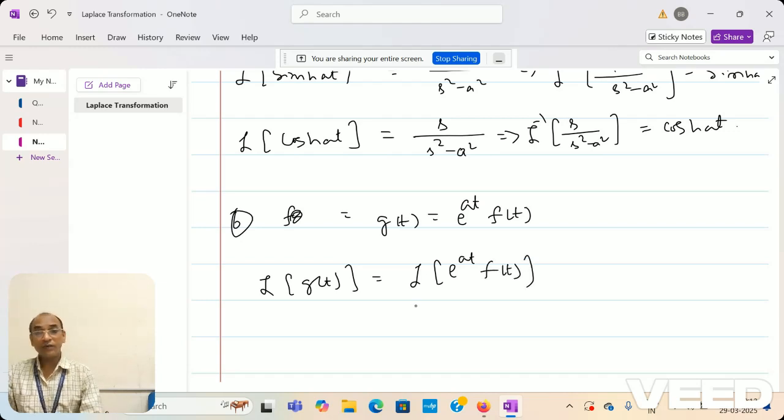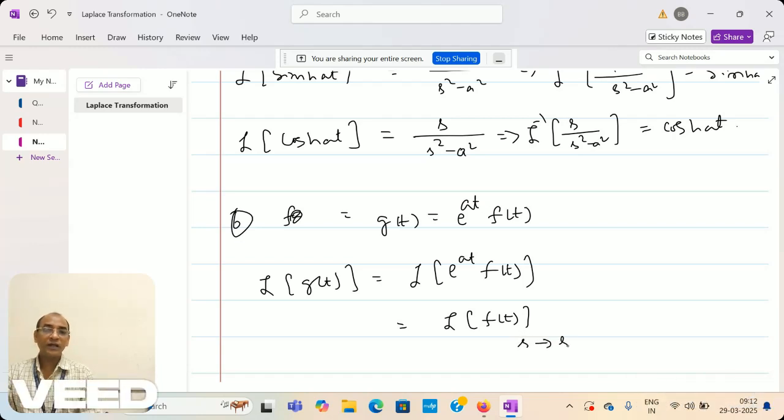When you have a function multiplied by e to the power at, you first find the Laplace transformation of f of t, and then wherever s appears, you replace it by s minus a.